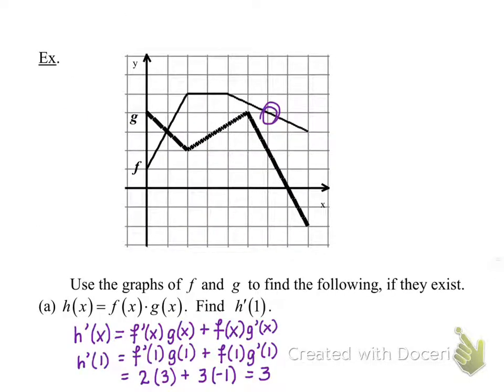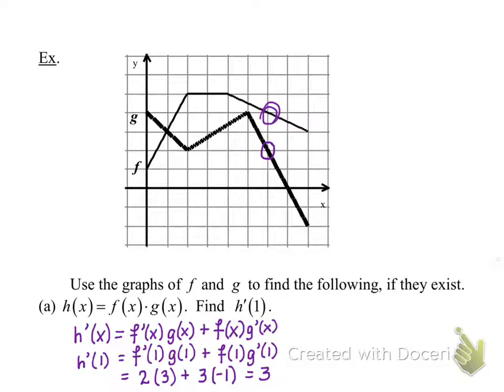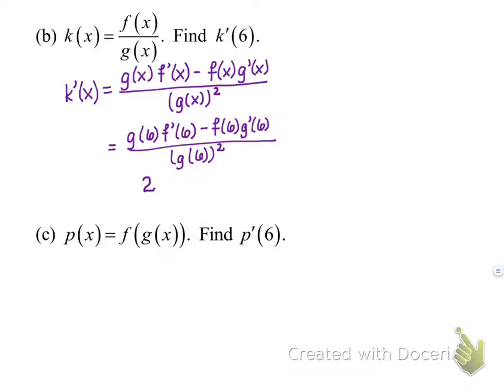Oh, y'all, that was f. G of 6 is 2. Okay, 2, and f prime of 6. So the slope of f at 6 would be -1/2.